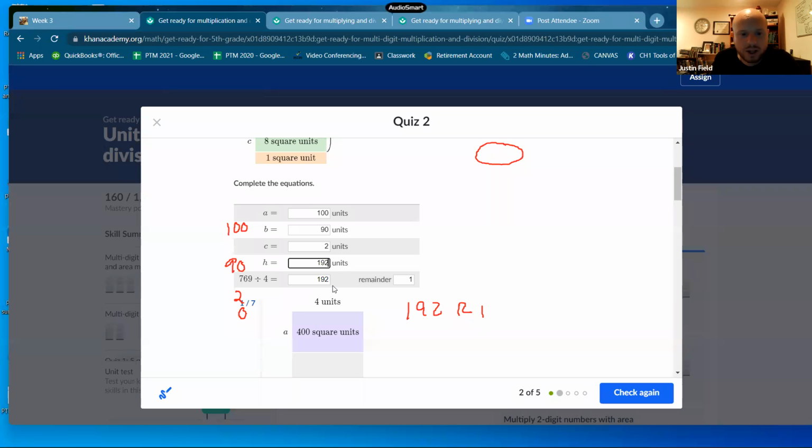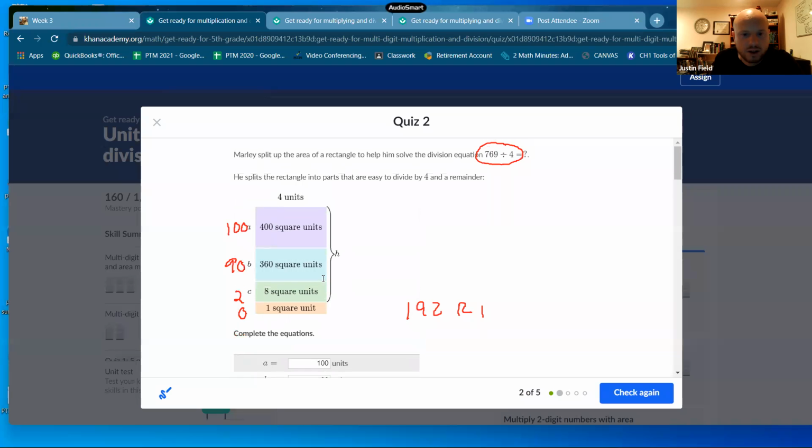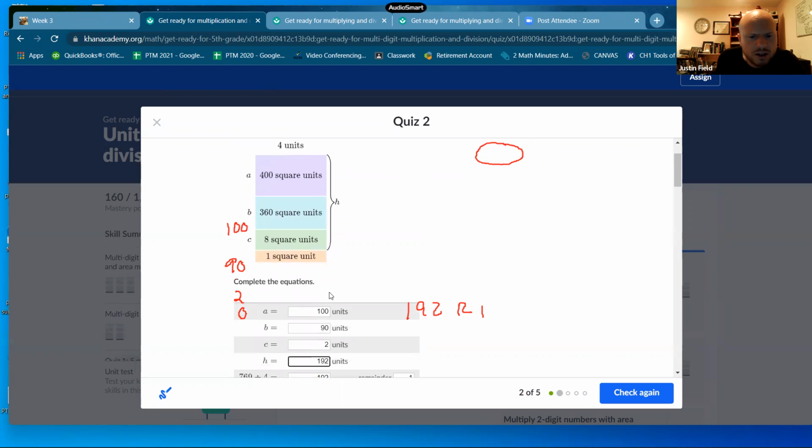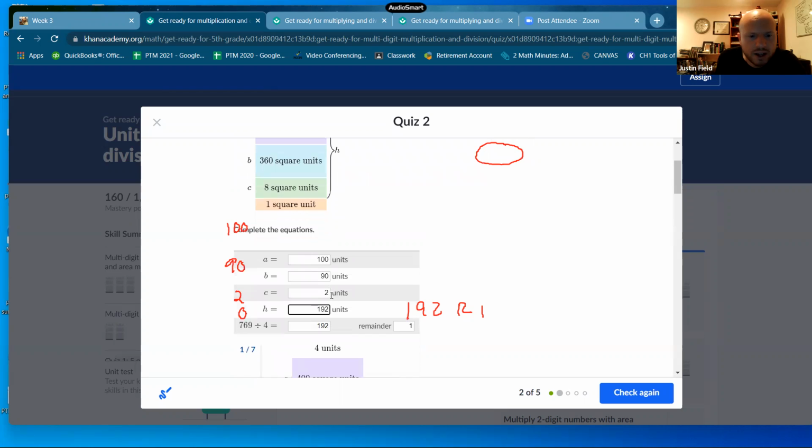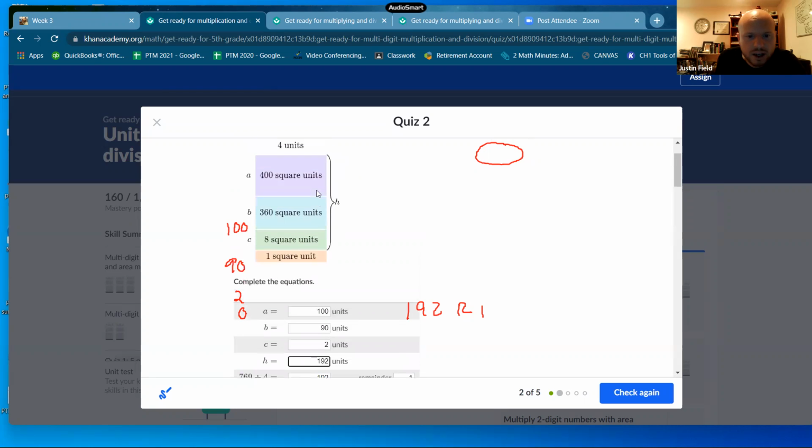Well, let's see if we can make sense of that. Oh, okay. That's our final answer. Okay, I see. So H is all of these added together, which is what I did.